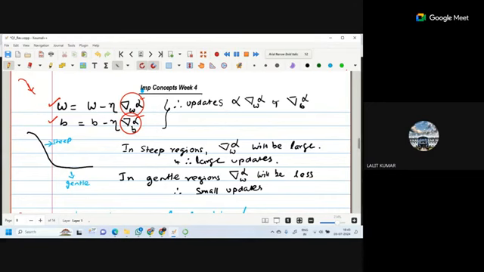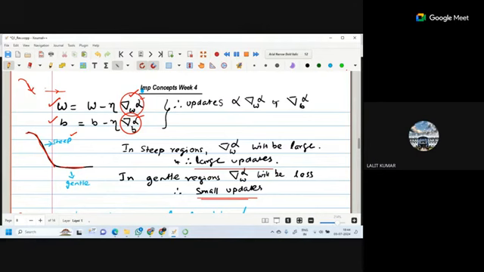When it is gentle, your derivative will be less. Taking the same concept here, whenever the loss surface is steep, the value of delta L by delta W will be large and updates will be large. On gentle surfaces, this gradient will be less, therefore there will be small updates.